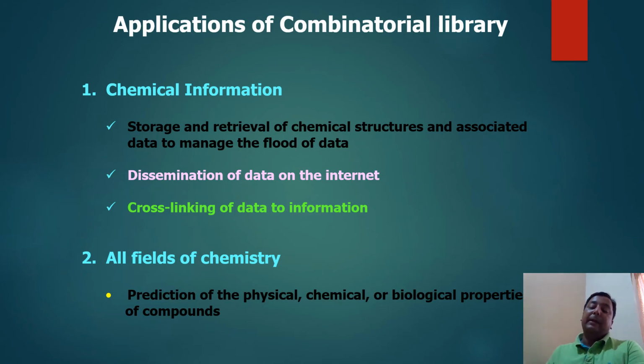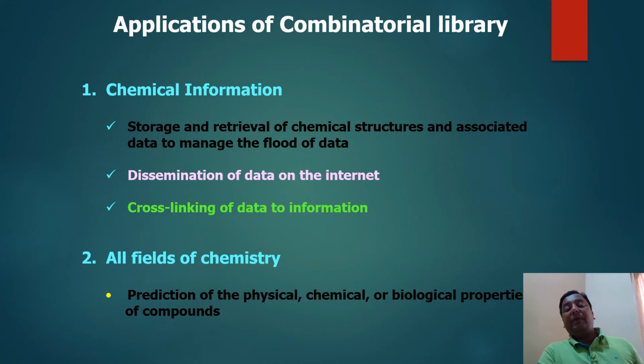We can link all types of information with different databases, where any person can explore all information by exploring even one database. Suppose DrugBank information can be explored by using PubChem, and PubChem information can be explored by using DrugBank, and even PubChem and DrugBank information can be explored by using the ZINC database. That is called cross linking of data and information.